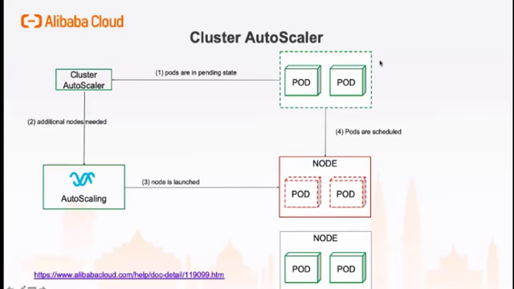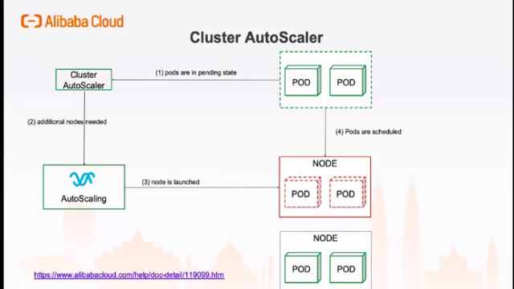The pending pods will then schedule themselves to this node. So this is a document link. Maybe after the meetup, Jesse can send this slide to you to find more information.